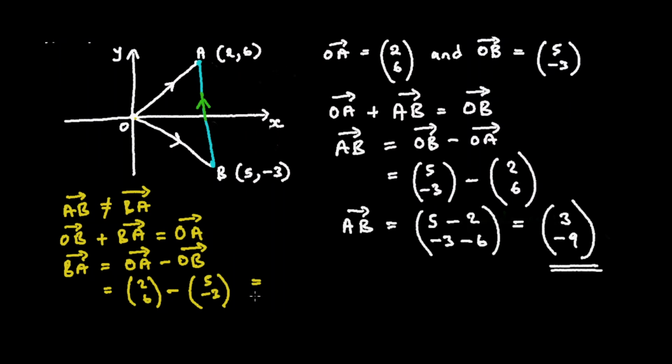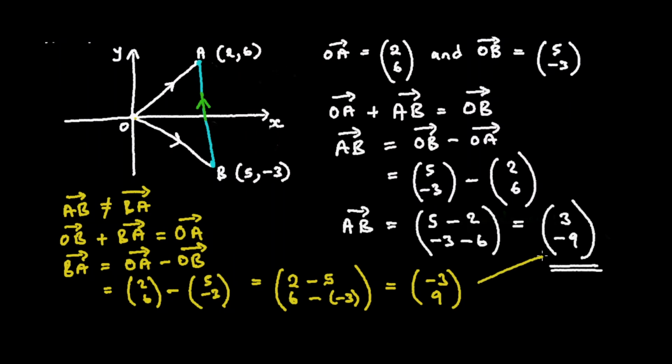So this is equal to 2 minus 5, then here you see 6 minus minus 3, which gives us 2 minus 5 is minus 3, and 6 minus minus 3 means 6 plus 3, since where minuses meet it becomes plus, so 6 plus 3 is 9. So this is the answer we get. Now compare these two answers.